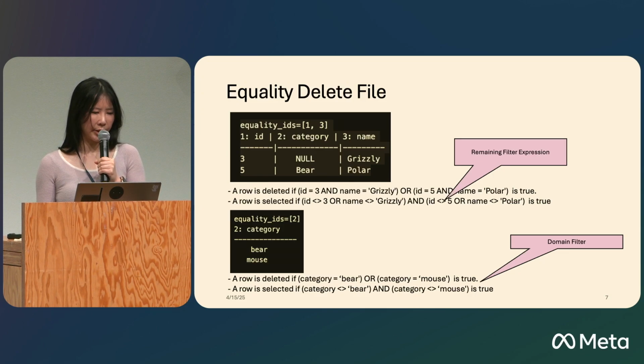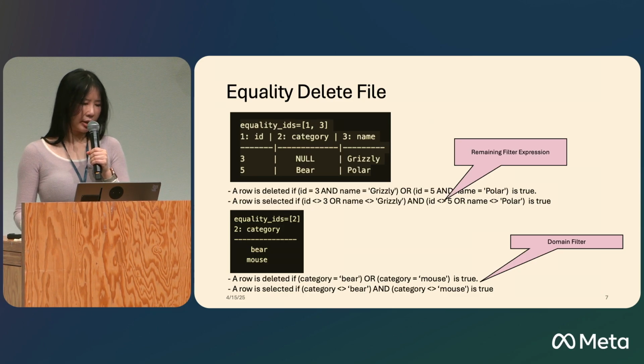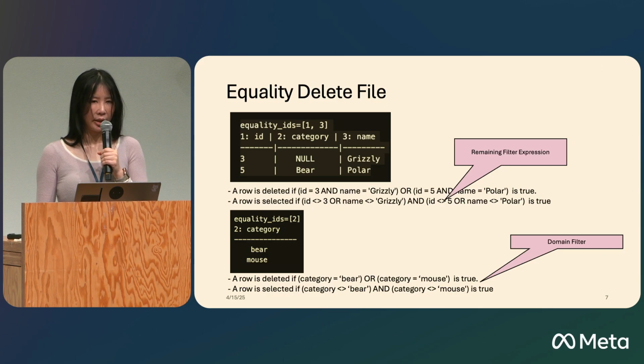Last year, we supported reading equality delete files as well. Iceberg supports these two different delete modes. Positional deletes have the positions of each row being deleted, and the equality delete file actually holds the values. It could be a single column or multiple columns, which are the Iceberg identifiers. In implementing this, we translate them into domain filters and filter functions.